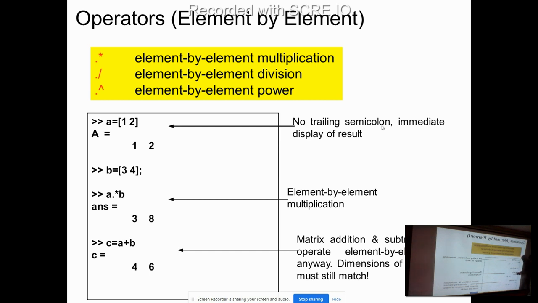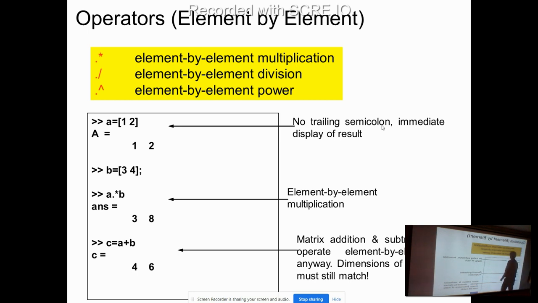Now I am writing A dot star B. What is the corresponding element for 1 here in matrix A with B? 3. The corresponding element is 3, kada. So it will multiply 1 into 3. Similarly 2 into 4.